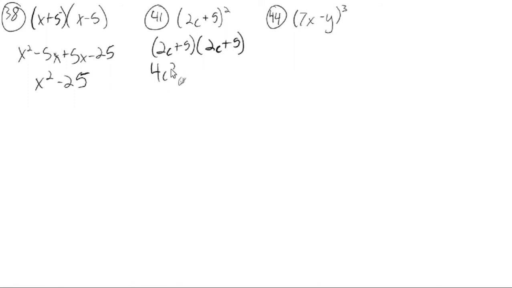So you got 4c squared plus 10c plus another 10c plus 25. We collect like terms, and we get 4c squared plus 20c plus 25. Okay. So, like I said, it would just make me immensely happy if we could always remember what this 2 means.